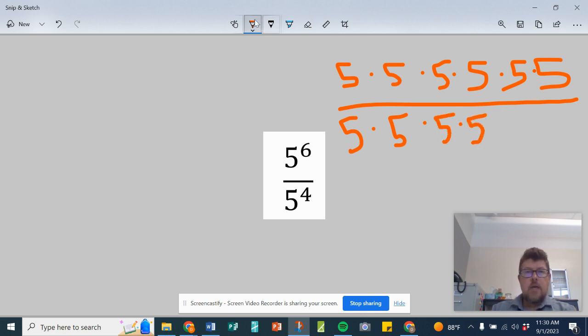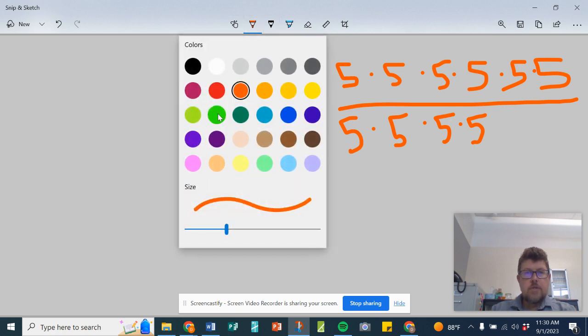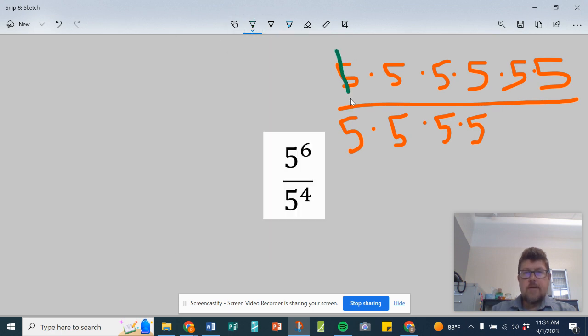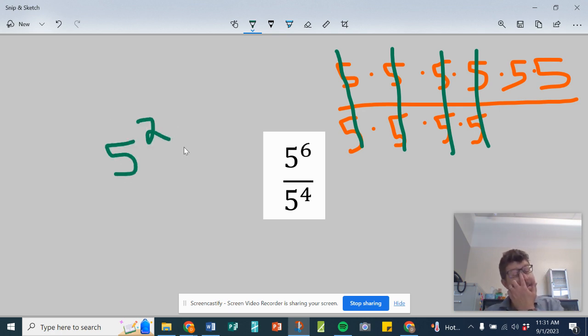What you'll notice is that 5 divided by 5 is 1, and when you multiply by 1, you don't change it. So you can cross them out, and you're left with 2 fives. But this isn't 2 fives, it's 5 squared. It's the same thing as the previous problems that you showed me in your email, just the inverse or the opposite. So hope that helps, dude. If not, let me know.